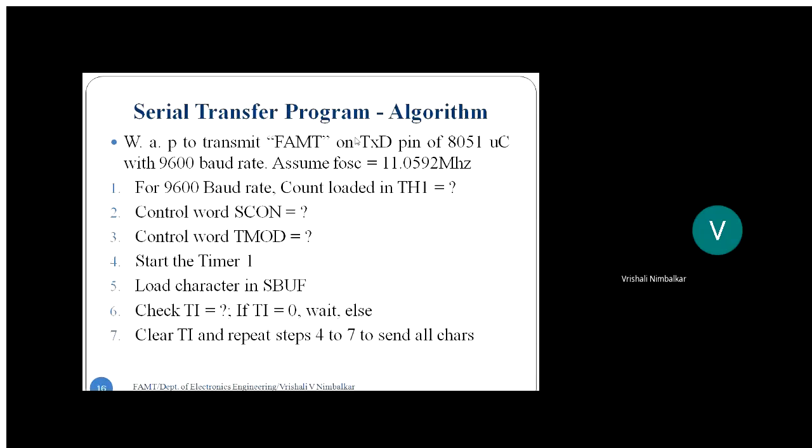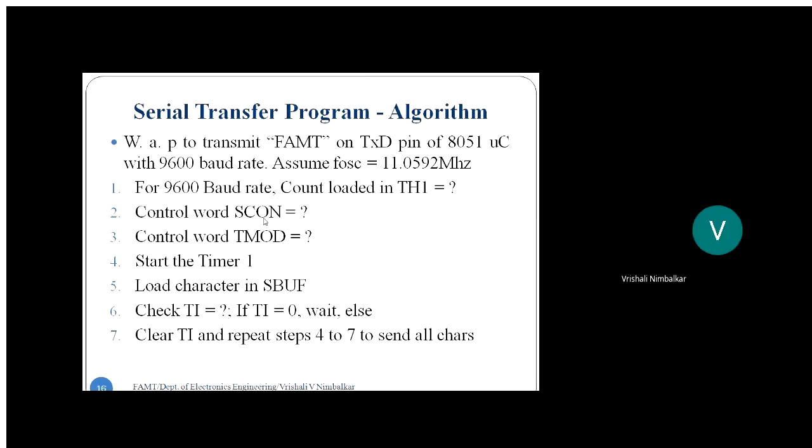With the statement given, we know the 9600 baud rate and the oscillator frequency. So the first thing we need to do is calculate the count to be loaded in the TH1 register. The first step is count calculations for the required baud rate. Then we need to find the control word to be loaded in the SCON register.